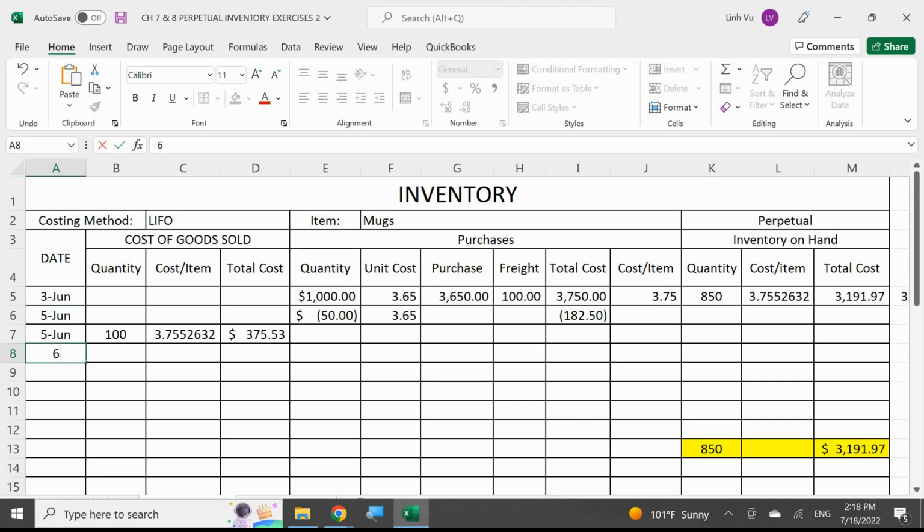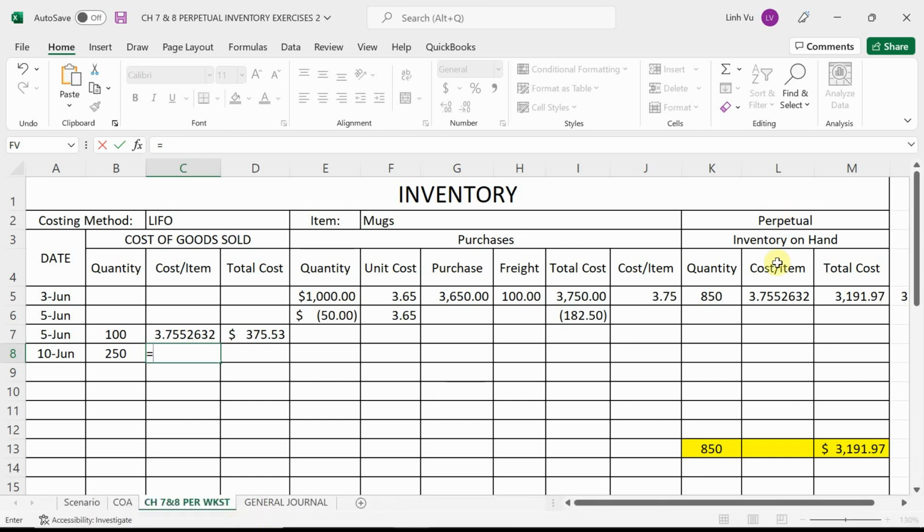It's June 10. I just sold 250 mugs. What is my cost per item right now? How much does it cost me per mug right now? Same as the one before. Yes, $400, because this is LIFO.